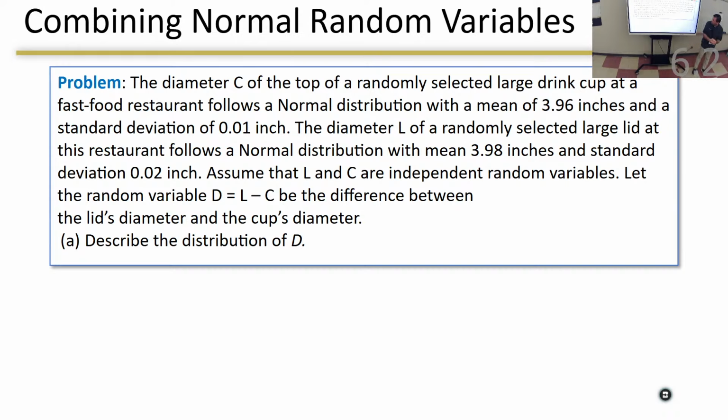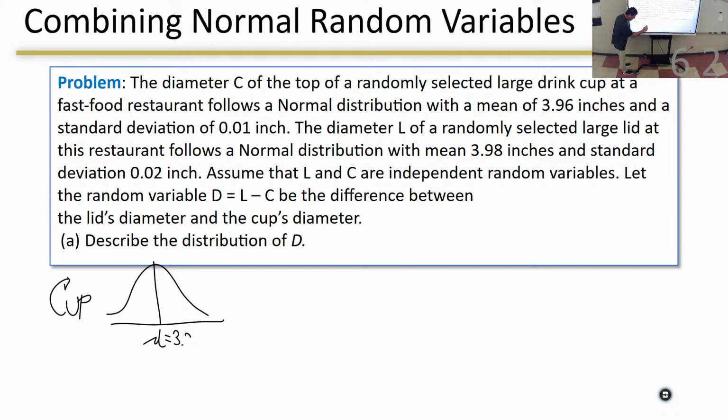The diameter of a large drink cup at a fast food restaurant follows a normal distribution with a mean of 3.96 and a standard deviation of 0.01.